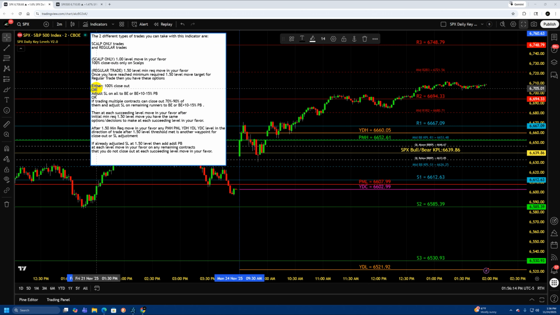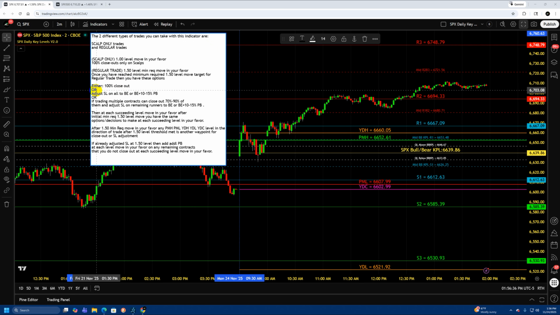Those are as follows. Either a 100% closeout of all of your options, whether you're trading 1, 2, 3, 5, 10, 20 options, etc. Just like with scalps, you can do a 100% closeout.